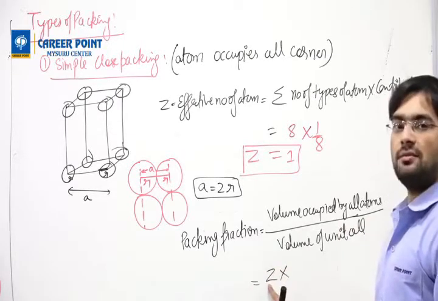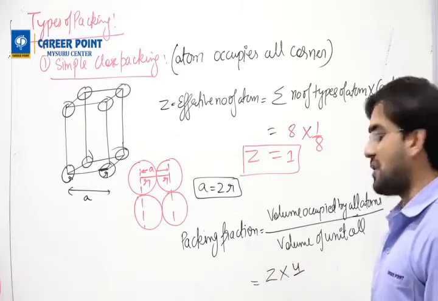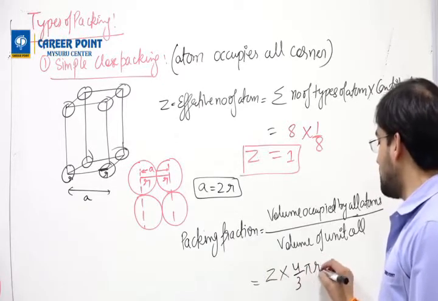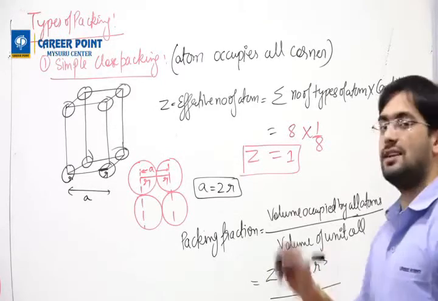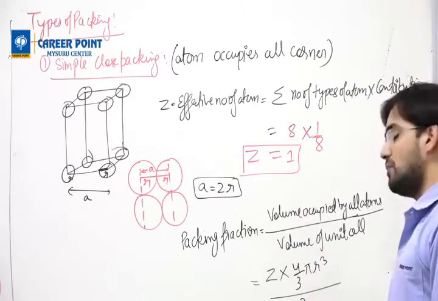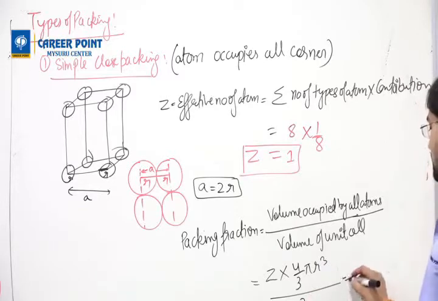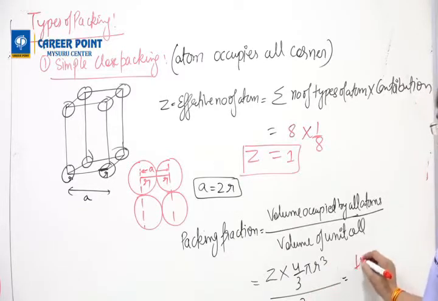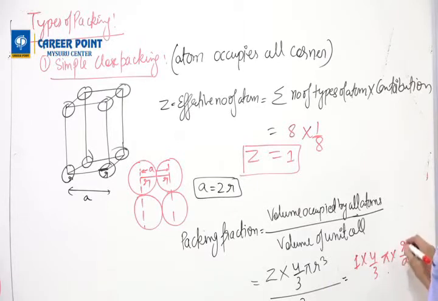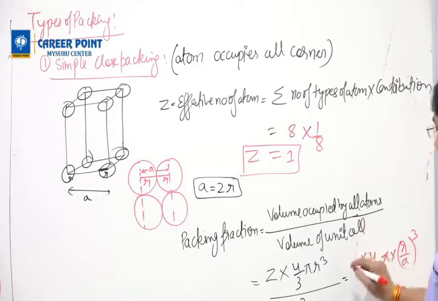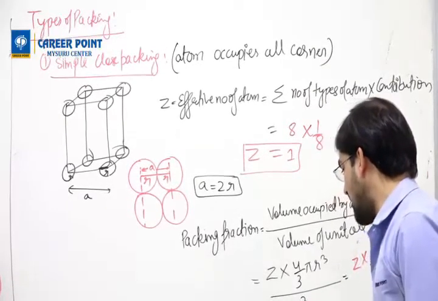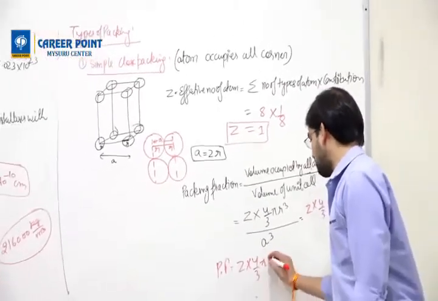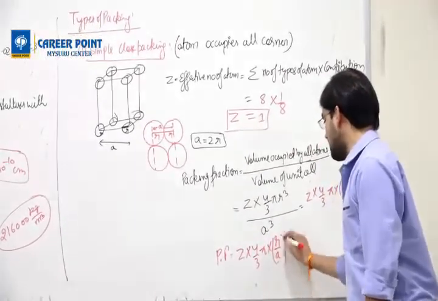Z is the effective number of atoms and atoms are spherical. So volume occupied by atoms is Z into 4 by 3 pi r cube. And the unit cell is a cube, so its volume is A cube. Now I'm going to put values. Z is 1 into 4 by 3 pi into r by A whole cube. So packing fraction has the formula Z into 4 by 3 pi into r by A whole cube.